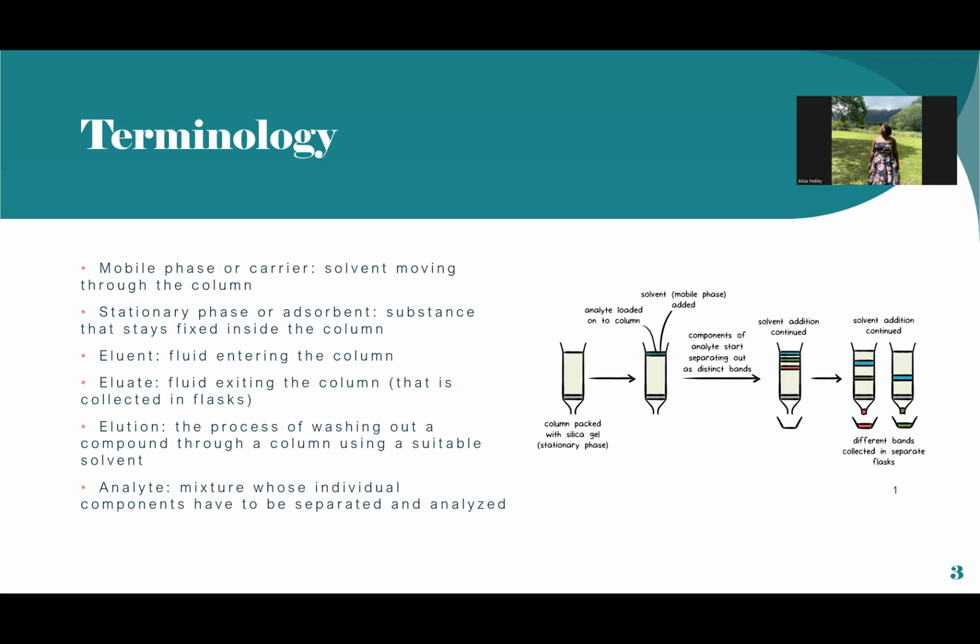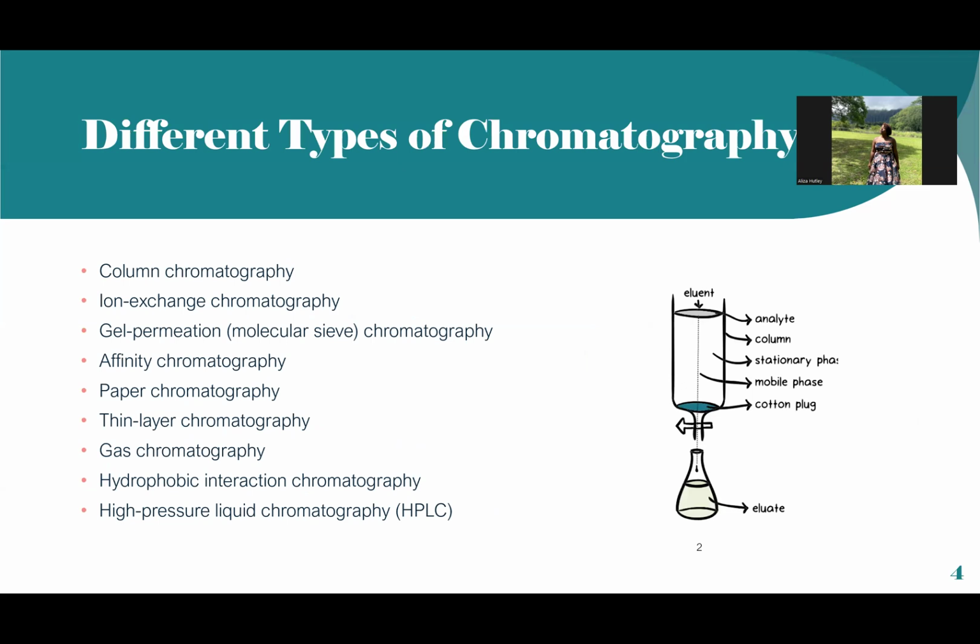And so that's just chromatography in general, but there are many different types of chromatography, including column chromatography, which was on the previous slide, ion exchange chromatography, gel permeation, affinity, paper, thin layer, gas. The list goes on. There are many different ways to separate substances. So that's how I like to think of chromatography. It's just a separation technique.